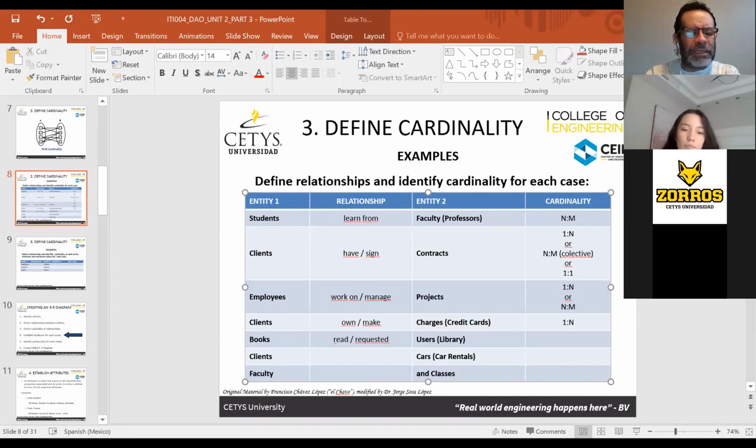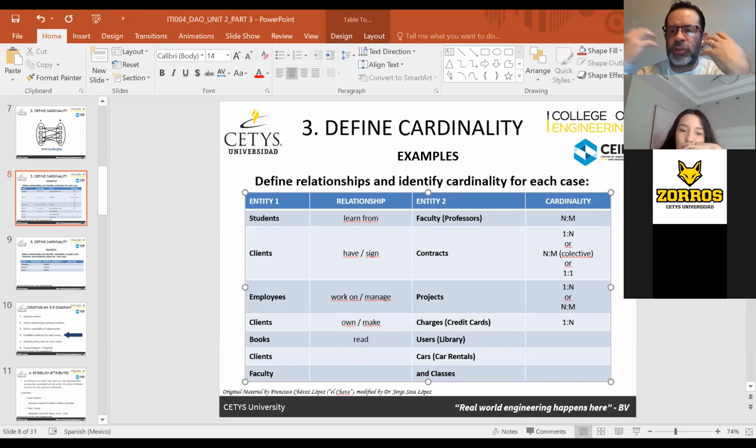And how did you identify the cardinality of the relationship there? We put many to many. Okay, that's a good observation. Think about the school's library. I'm going to use the relationship that you established, which is read.